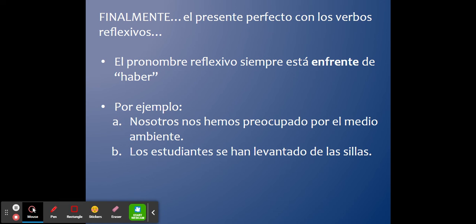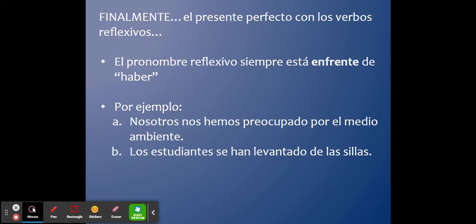So when you're dealing with any types of these wonky pronouns, so the reflexive pronouns, the DOPs, the IOPs, when you're dealing with the present perfect, the pronoun, whether it is a reflexive, whether it is a direct object pronoun or an indirect object pronoun, always has to be in front of the conjugation of haber. When you're dealing with the present perfect, you cannot ever attach these types of pronouns to the past participle. So always in front of haber.